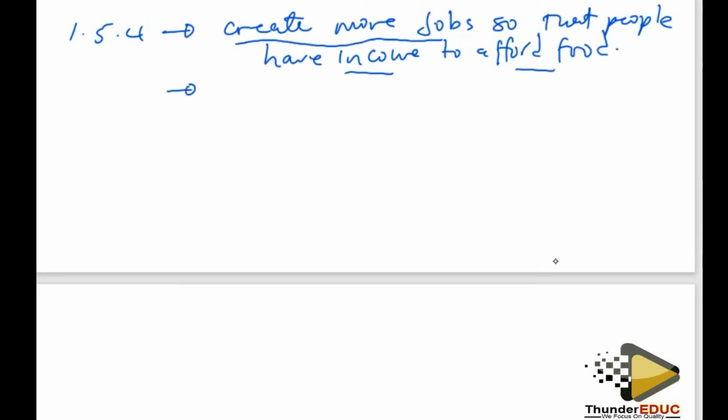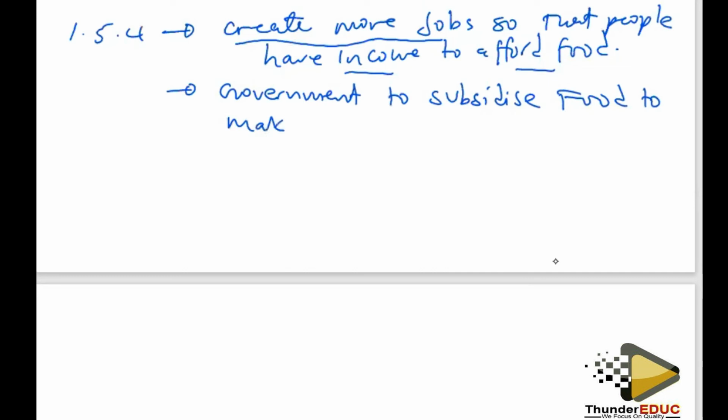Secondly, the government to subsidize food to make it cheaper and affordable.